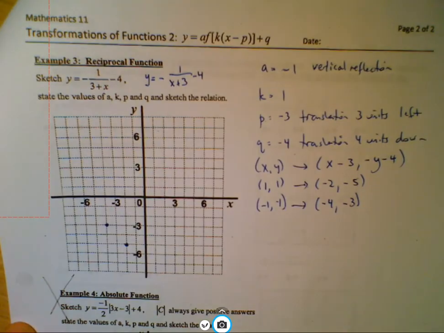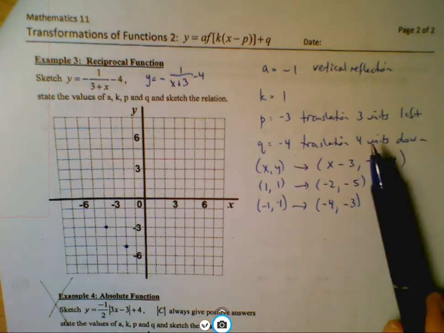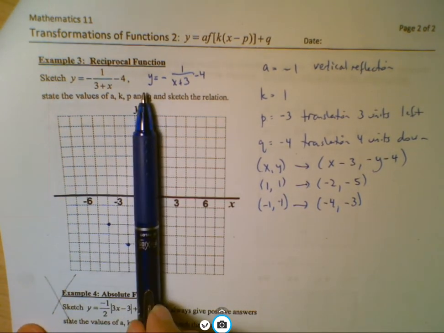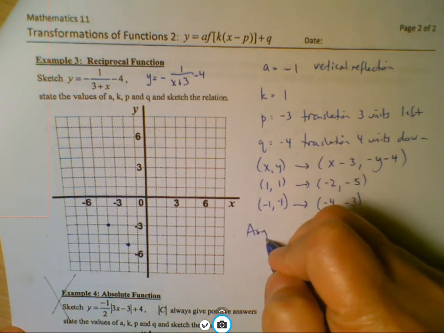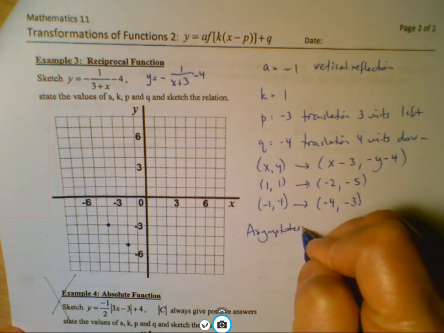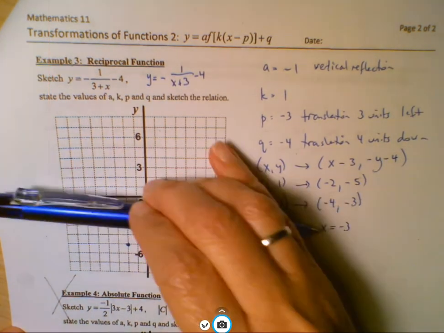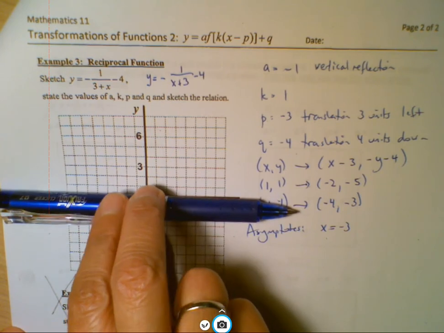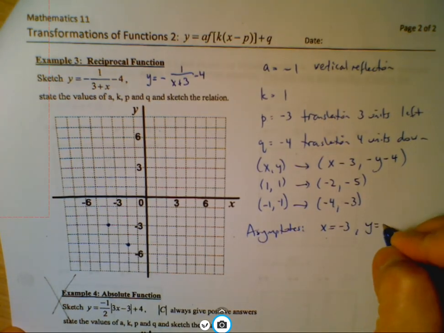So that's going to come from the translations. So since the entire graph is moving to the left, then my asymptote that used to be x equals 0 is going to move to the left. So it's going to become x equals -3. So let me write them here. X equals -3. Now my other asymptote, which was y equals 0, the entire graph is moving down 4 units. So that's going to bring the asymptote also down to y equals -4.